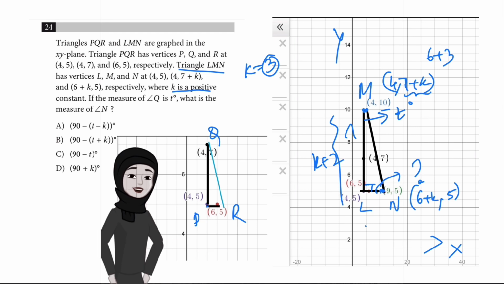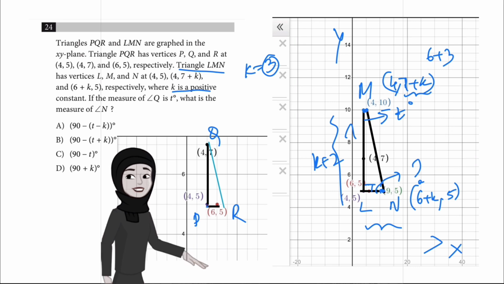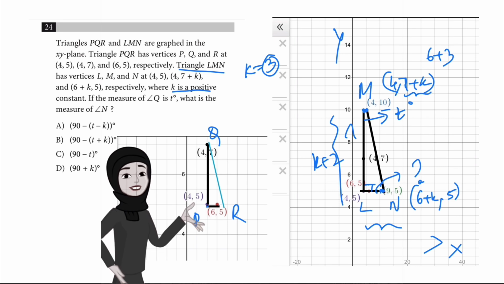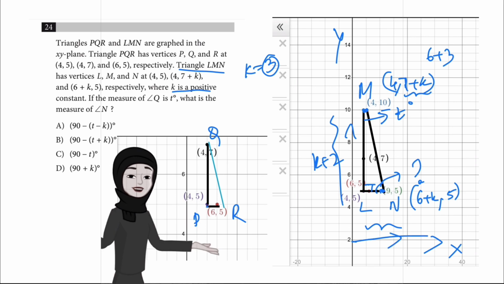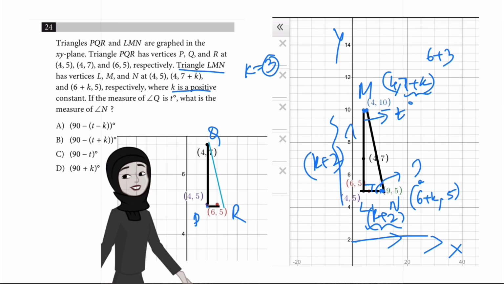And what about LN? Since L is (4, 5) and N is (6 plus K, 5), LN is parallel to the x-axis, and it has a length of K plus 2. Here also you can see the lengths are equal. Again we formed an isosceles right triangle.